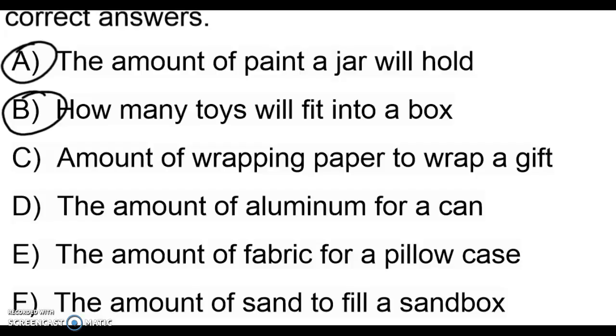Well, that's covering the outside of something, so that would be surface area. D, the amount of aluminum for a can. Now remember, that's the can, not what is going into the can. The amount of fabric needed for a pillowcase, the fabric is what's on the outside, and the amount of sand needed to fill a sandbox, you should have selected A, B, and F.